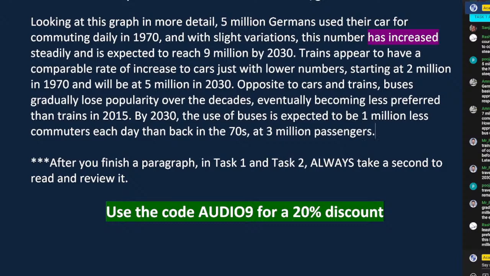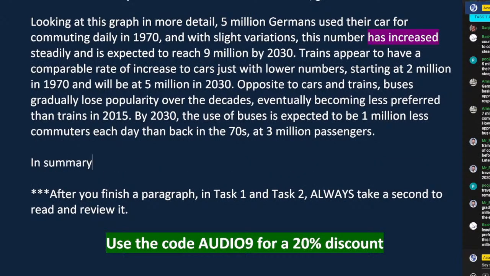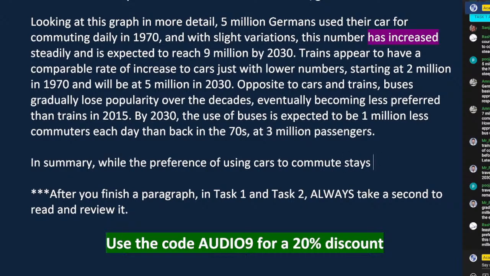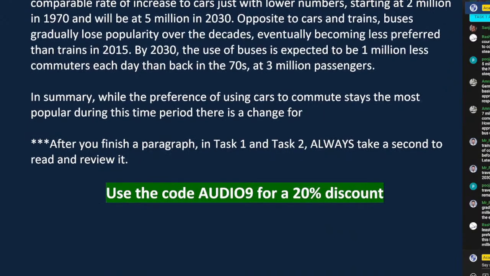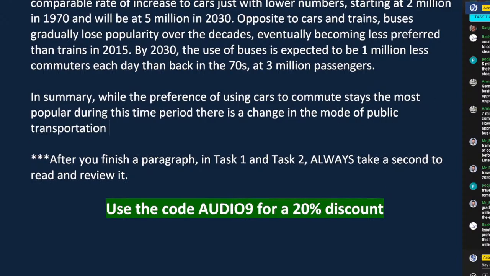In summary, while the preference of using cars to commute becomes or stays the most popular during this time period, there is a change in the mode of public transportation from buses to trains.